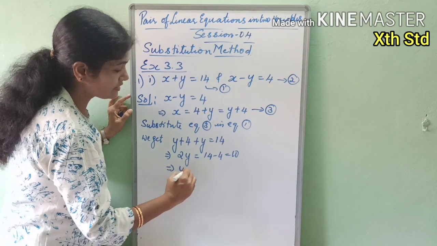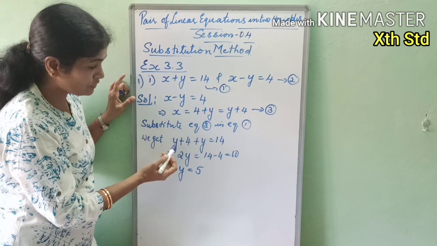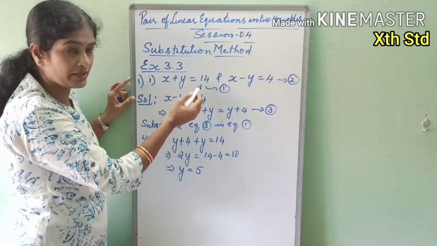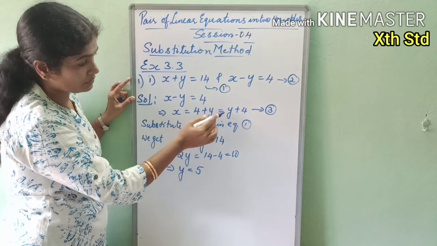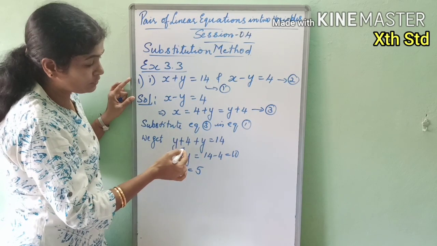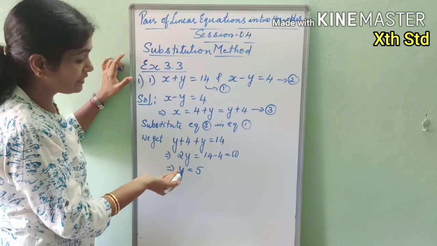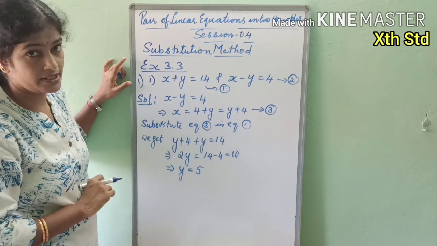So y is equal to 5. What we have done: equation 1 was an equation in two variables. Now when you substitute x is equal to y plus 4, it turns out to be an equation in one variable, and an equation in one variable we can very well solve. So y is equal to 5 is the solution.